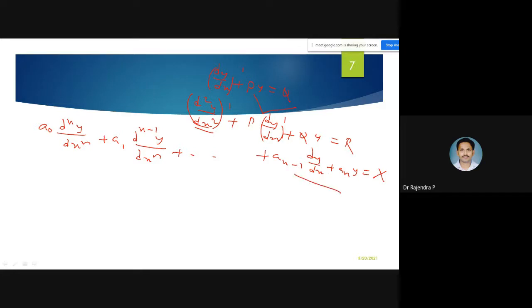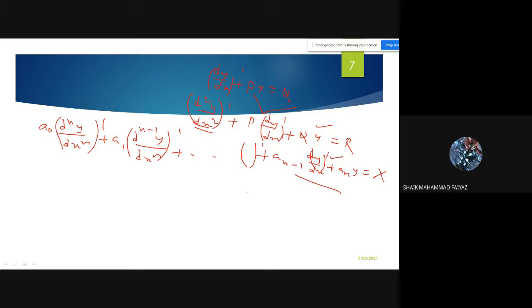Here we first have the dependent variable, then the first order derivative, then the second order derivative, and it will continue up to the nth order derivative. If you see all these derivatives, what will be the degree? Degree is 1. What about a naught, a1, a2 up to an?